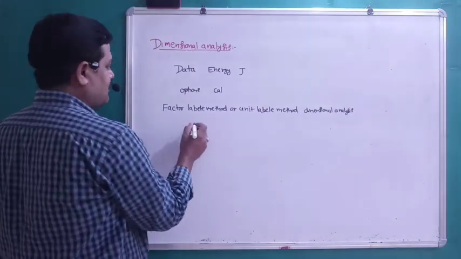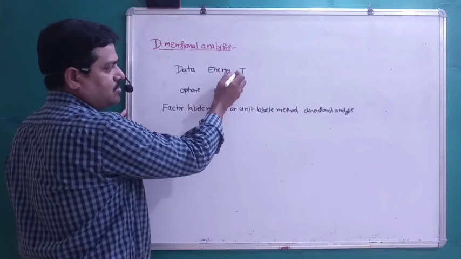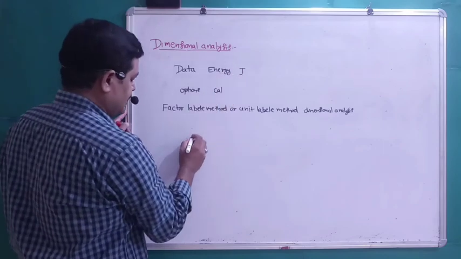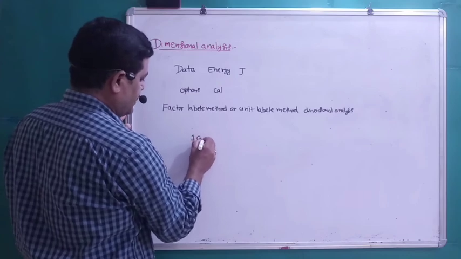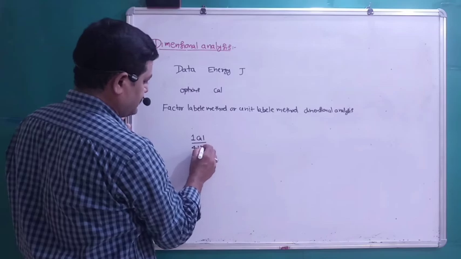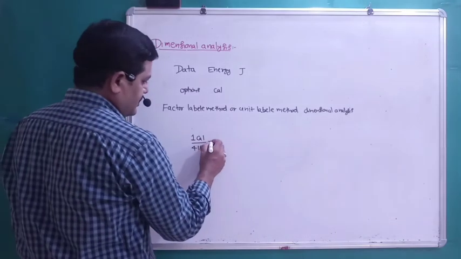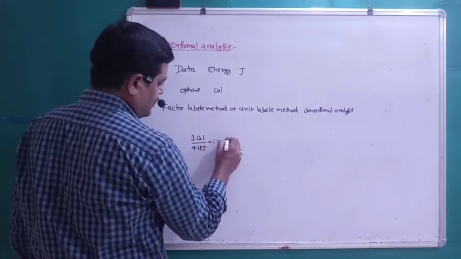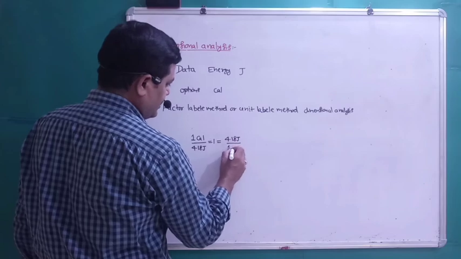Right? For example, if unit conversion is needed from joules to calories, then we have to use a conversion factor. 1 calorie is equal to 4.18 joules, so 1 is equal to 4.18 joules divided by 1 calorie.